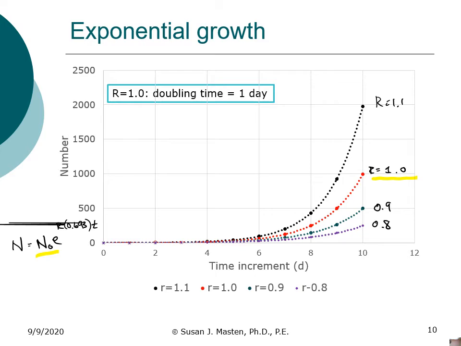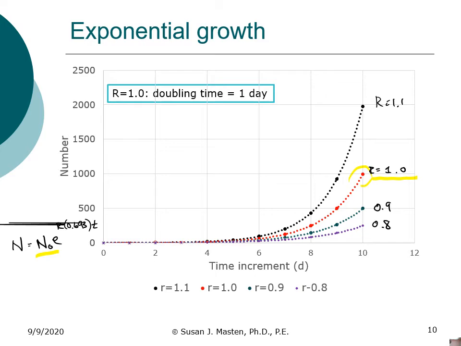So I've done that so that we have a doubling time of 1 day. So if r is equal to 1, we have a doubling time of 1 day. And what you see here is that after 10 days, we would have 1,000 organisms. So if you think of that back with COVID, if you have one case and you had an R value of 1 and a doubling time of 1 day, after 10 days you'd have 1,000 cases.